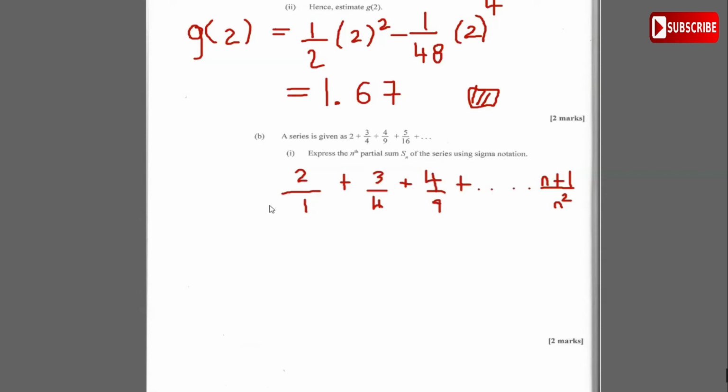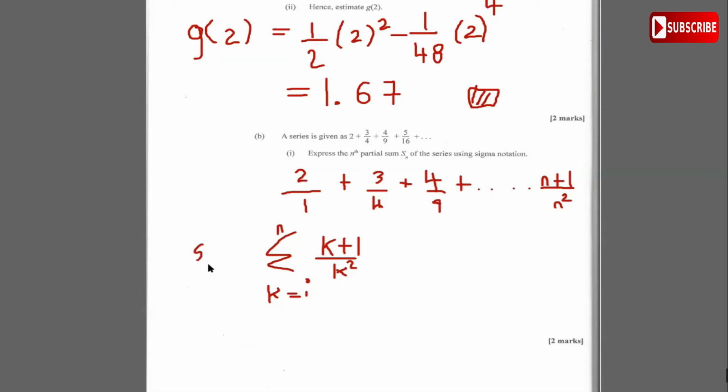And so this can be expressed as the sum, using a dummy variable, from k equals 1 to the nth term of k plus 1 over k squared. That's how you can write this, and they call it Sn.